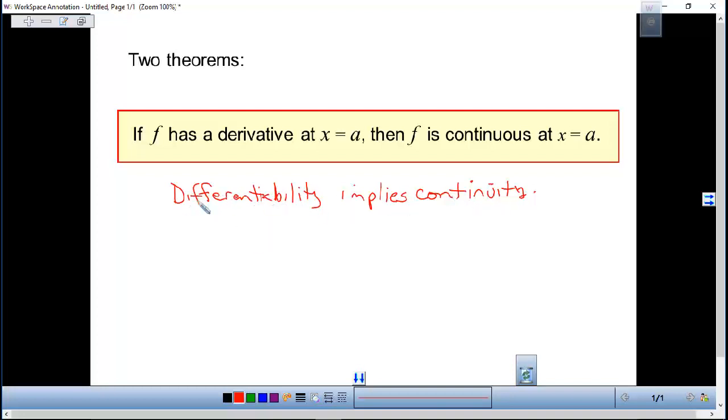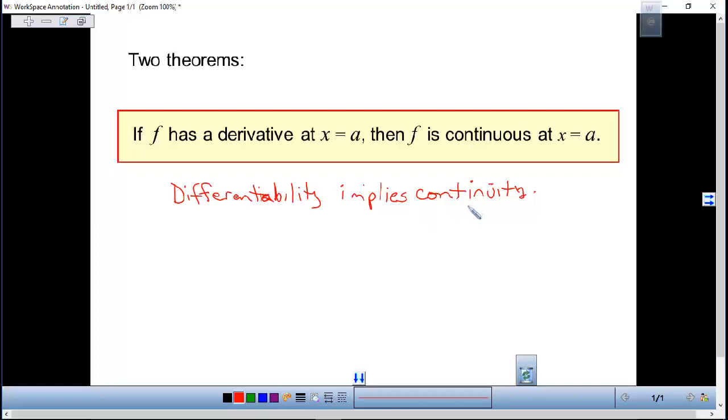So if you know that you can take the derivative of some function at a point, then you know it has to be continuous at that point. Now, you need to make sure that you understand this is not one of those if and only if things. If you know differentiability, you know continuity.